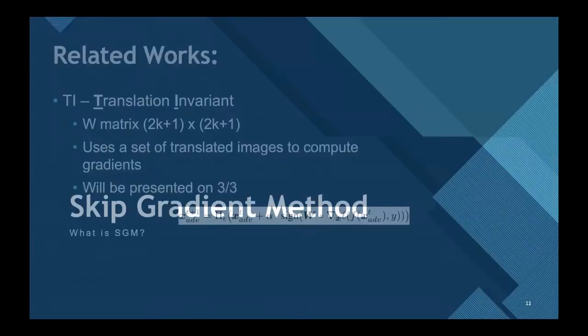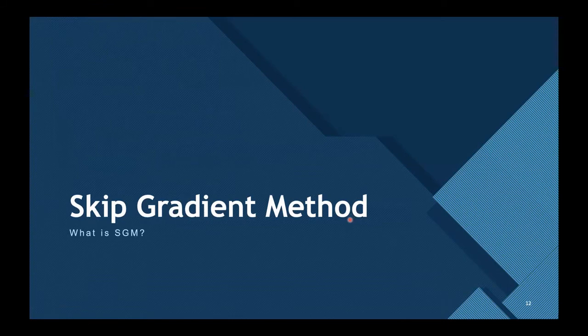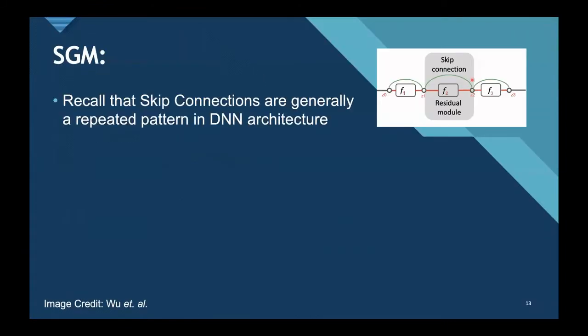So let's go into the skip gradient method itself. What is SGM? Do you remember ResNet? There are a lot of models that use skip connections. And here we see an illustration of the last three residual modules of a given architecture. And we have here the output.